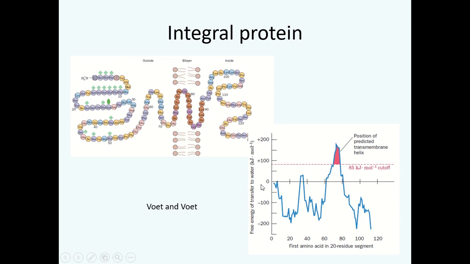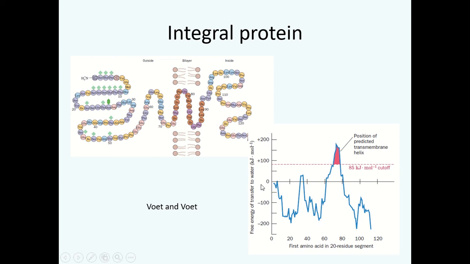But if we have non-polar amino acids, consecutive 20 non-polar amino acids, or most of the 20 amino acids being non-polar, that means their free energy of transfer to water is going to be extremely high, because there is going to be very little stability in water.